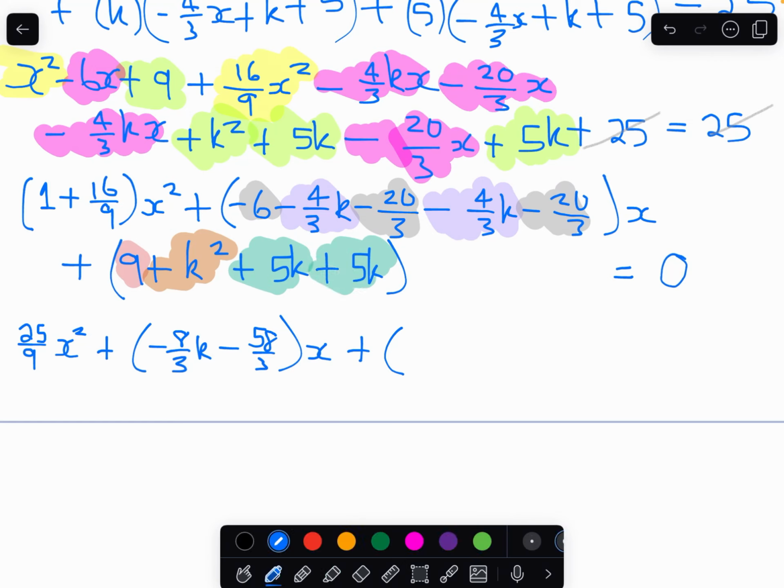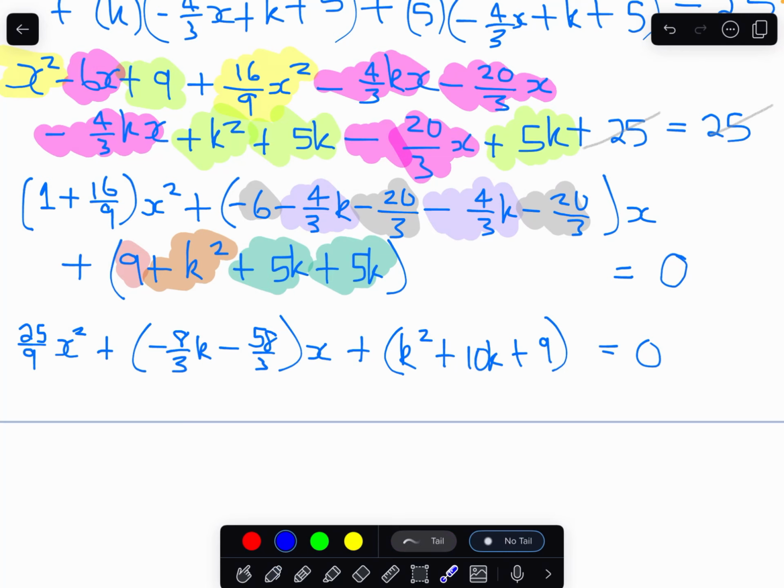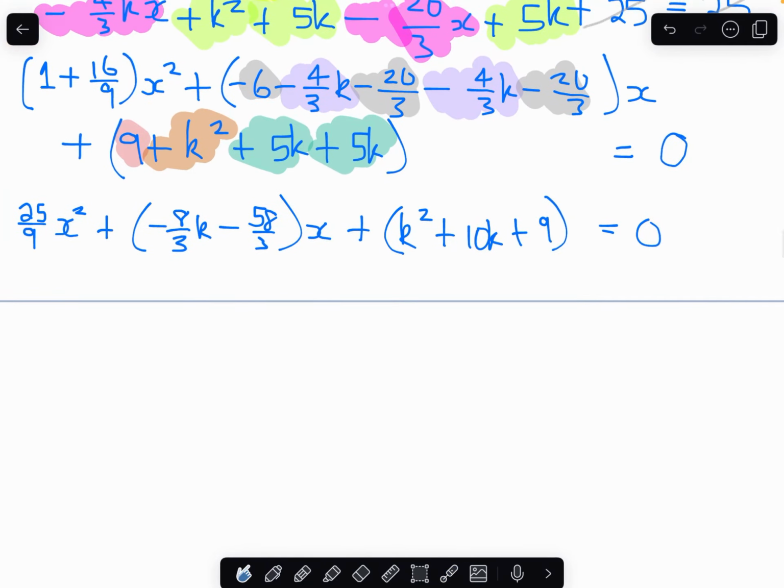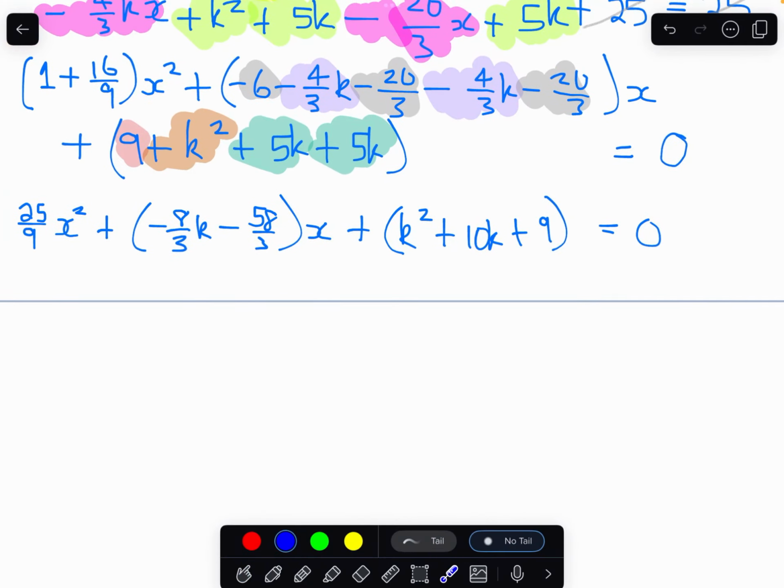All right, so we have here k squared plus 10k plus 9, right? And those are the constants. Okay, so now we have our equation in standard form, right? We have our x squared term, our x term, and then our constant. Because remember at the end of the day, k is going to just be some number.